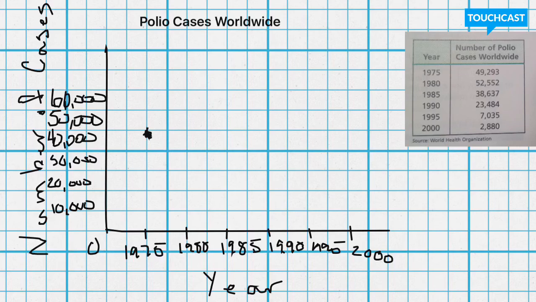So at 1980, we'll go up to 50, and just a little bit more is where about 52,552 is. And we'll put another dot. In 1985, there were 38,637. So we'll go up 10, 20, 30, almost to 40,000. And we'll put a dot.